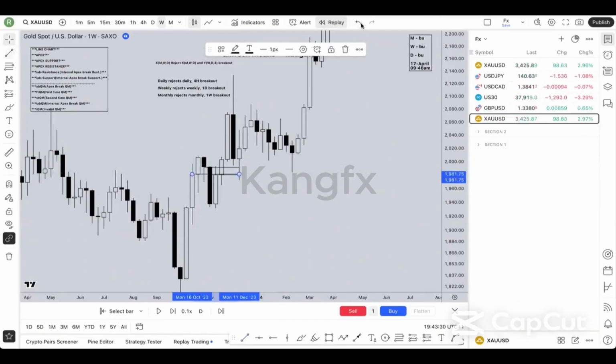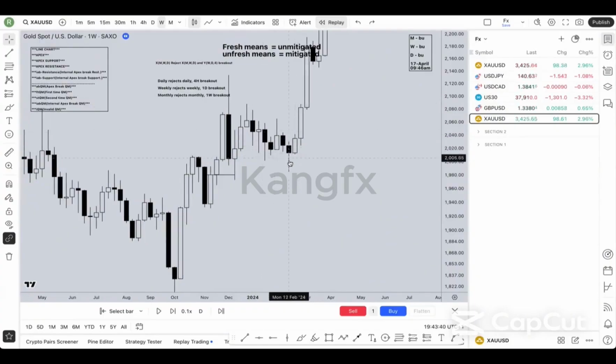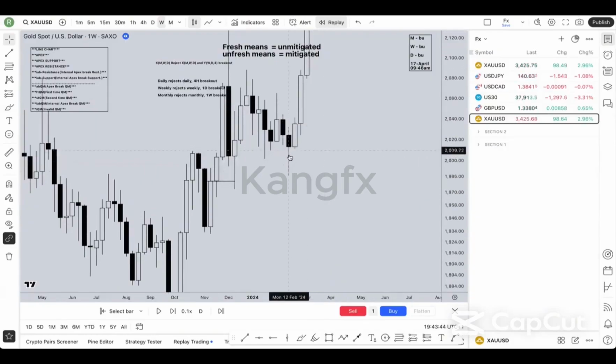But what did I do? I used the one that is the lowest, which is this one. Always try to use the one that is the lowest. So after the rejection, there was a breakout and the market continued. Coming back again, we almost had another rejection, but already, we had a rejection here.